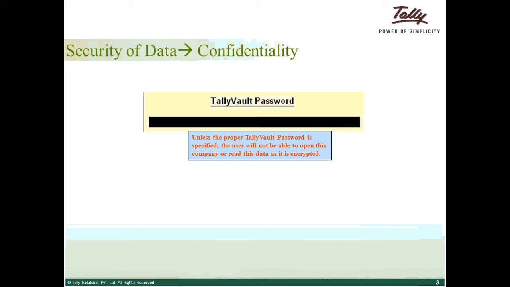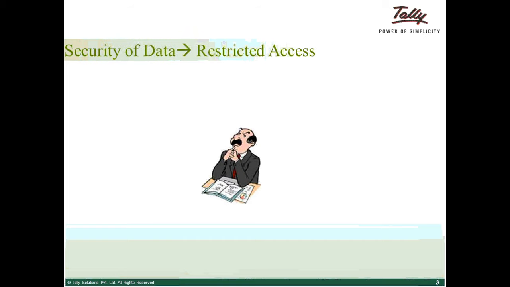So when a user tries to log into the company, unless the proper Tally old password is specified, the user will not be able to open this company or read the data as it is encrypted. So it clearly says, unless and until the correct Tally old password is specified, the company won't get loaded.